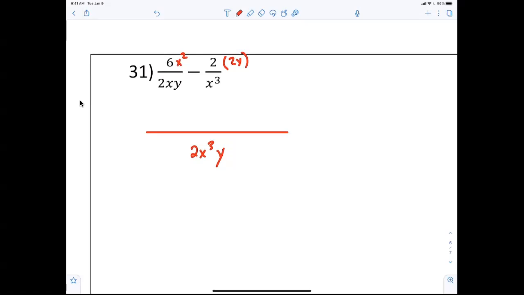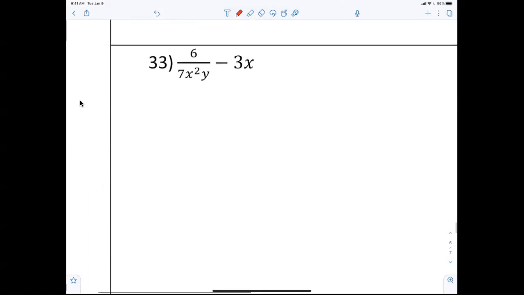So now 6x squared, what? Minus 4x. Minus 4y. All right, here we go. This is over what? 7x squared y.